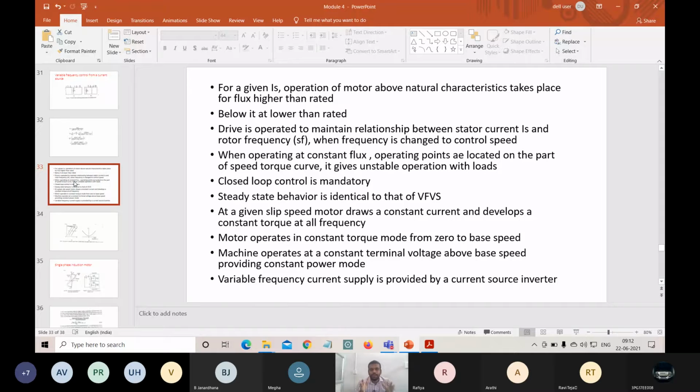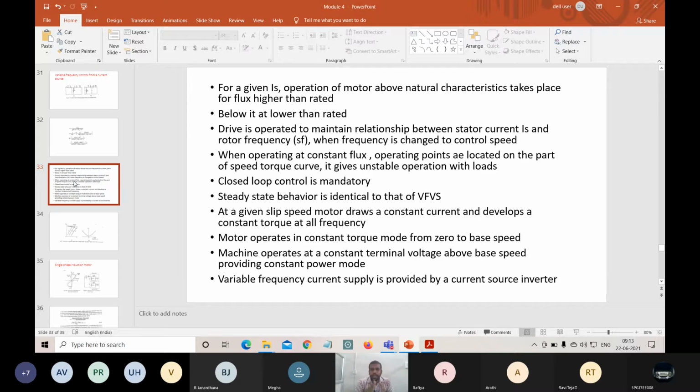If the motor is rated at some value, and you are going to draw the natural characteristics, the flux should be higher than the rated amount of your motor. Below the rated, you have to consider the frequency.